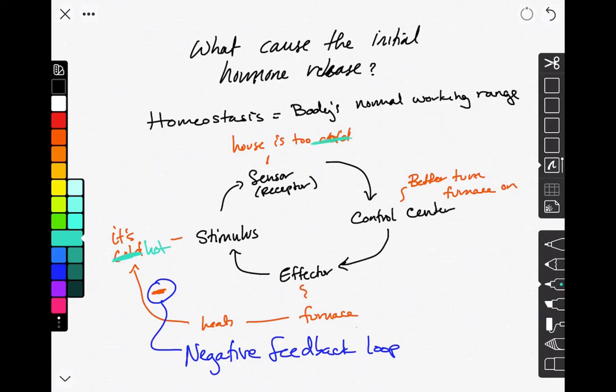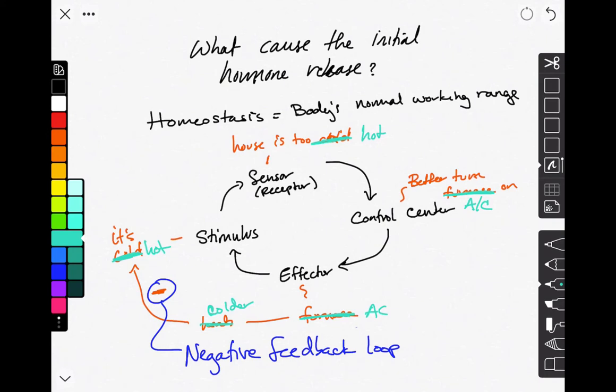Well, then this is going to be sensed by a similar sensor. And instead of turning the furnace on and making the house warmer, it's going to turn on the AC, and it's going to make the house colder. Still, since the effector is reducing the stimulus, since the house is getting colder, it is less hot, this is still negative feedback.